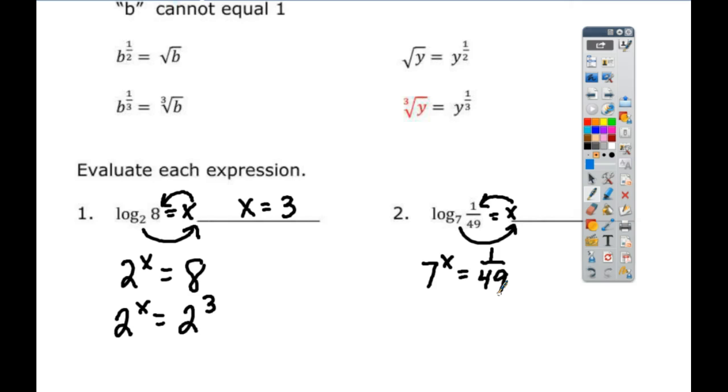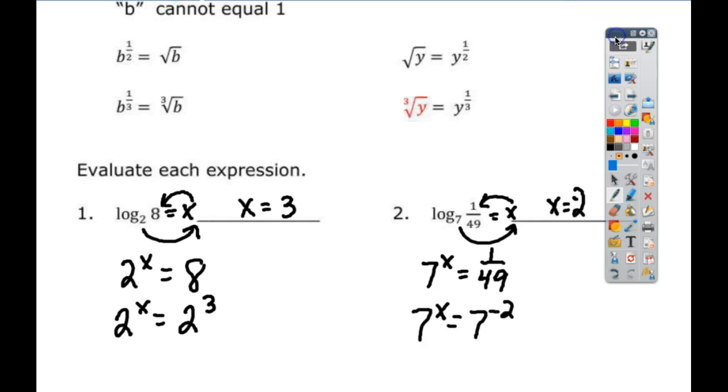I have 7 to the x. So what is 49? 7 to what? 7 to the second, and how do I get it in the bottom of the fraction? Negative. So this is 7 to the x equals 7 to the negative 2. So what does your x equal? Negative 2.